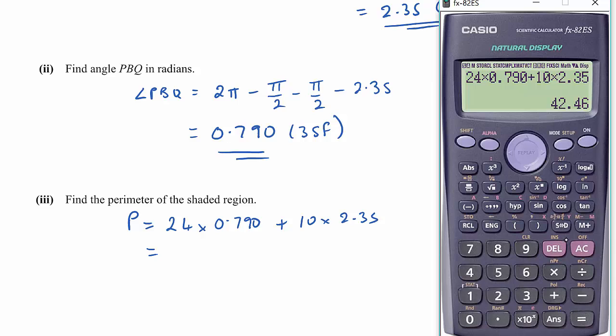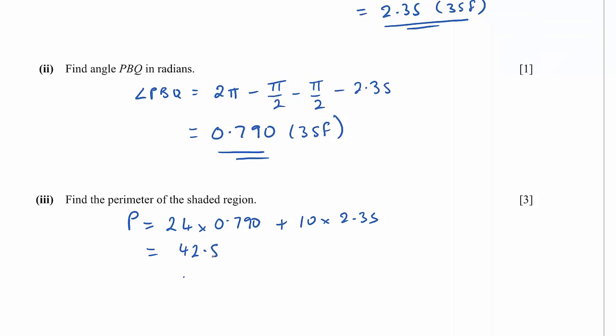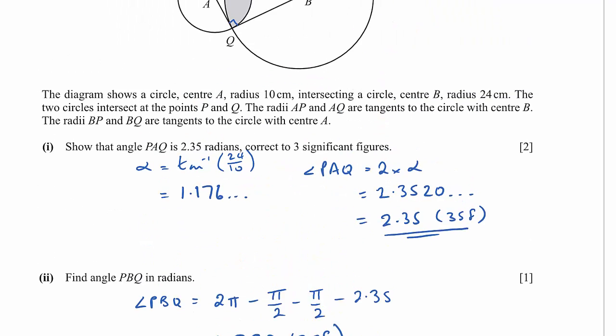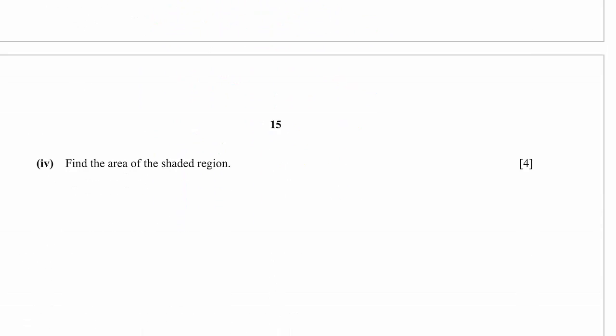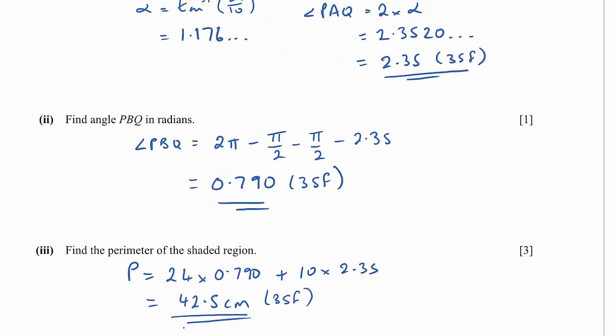And that's going to give me 42 point, let's say that's 42.5, and I think it's centimetres, isn't it? Let's just go and check. Yep, centimetres. And again, we'll just say that's three significant figures there. Okay, so what have we got left? Find the area of the shaded region. Okay, we might need to think about this one.